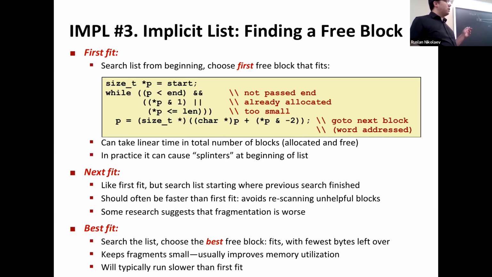The second condition is if it's allocated, or the length is smaller than the one I'm looking for, then I want to skip and go to the next block. Otherwise, I found the block.